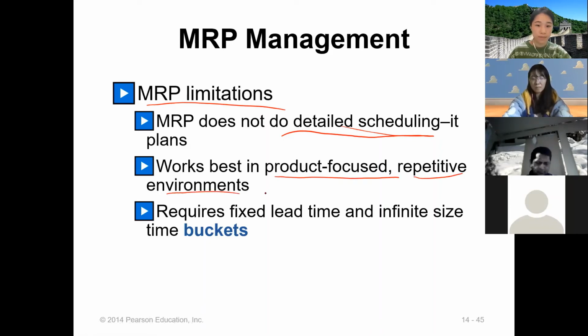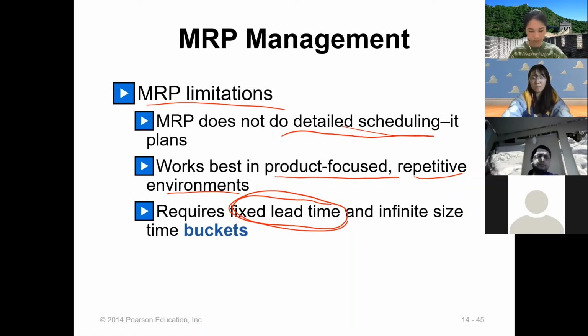That's why I've been giving you examples like car manufacturing or even food manufacturing. It is also applicable because it depends on the product structure. And also it requires fixed lead time. But in reality, do you think that you can always fix the lead time? In the real world, in industry, when you order something, is it definitely going to arrive in a certain lead time?